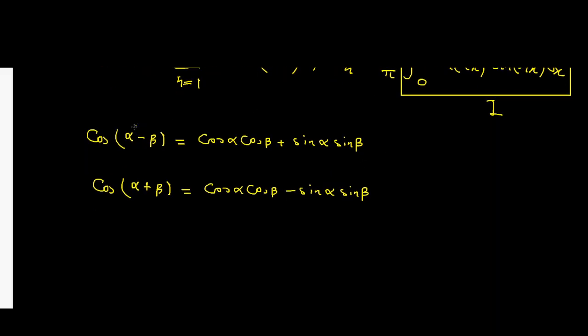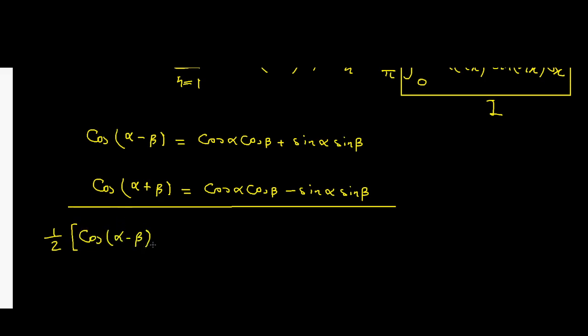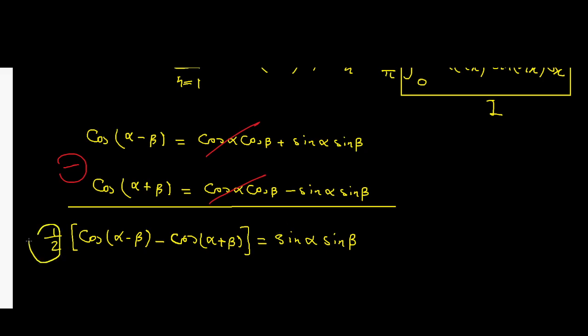And if we subtract the bottom from the top and divide both sides by 2, on the left we get half of the quantity cosine of alpha minus beta minus cosine of alpha plus beta. We are subtracting these two, so on the right side these two cancel out and this negative sign turns into a positive sign, and we get sine alpha sine beta. I'm dividing both sides by 2 already.